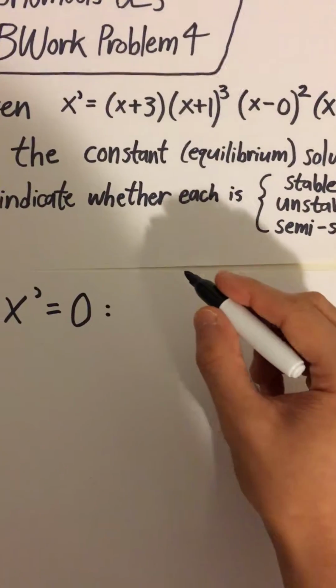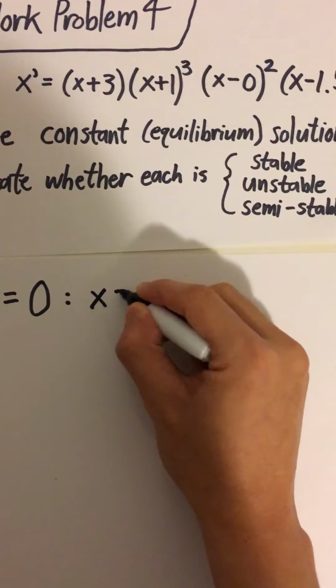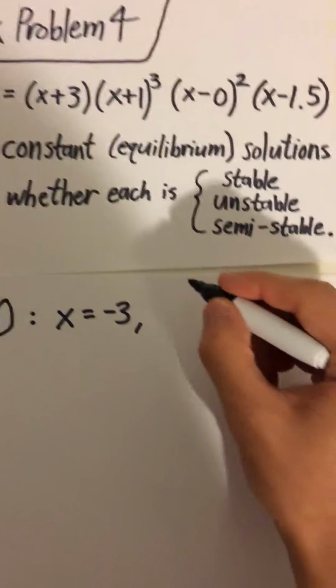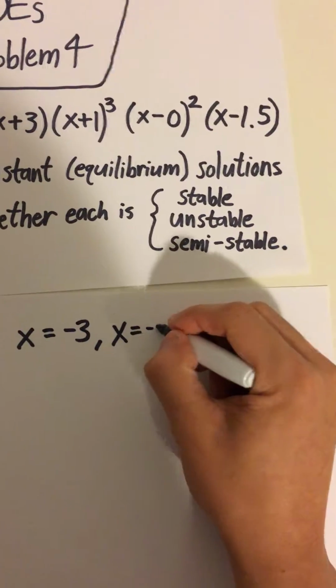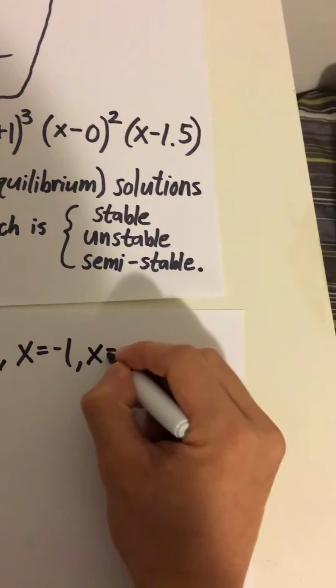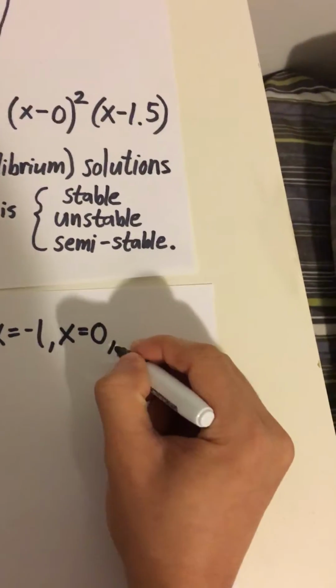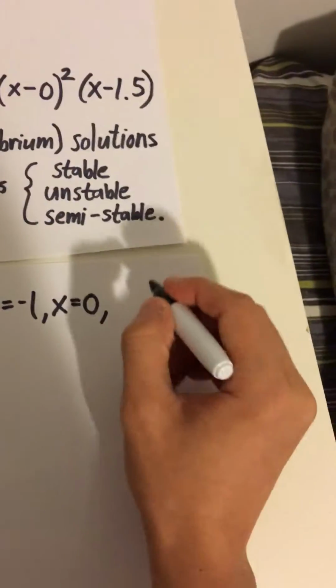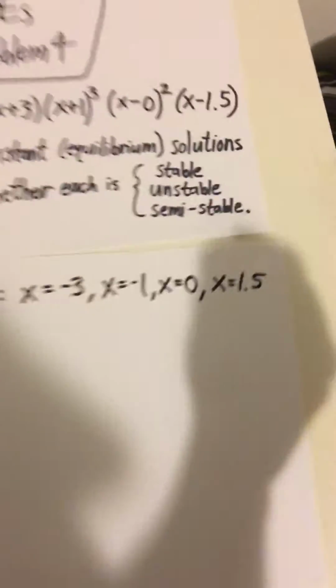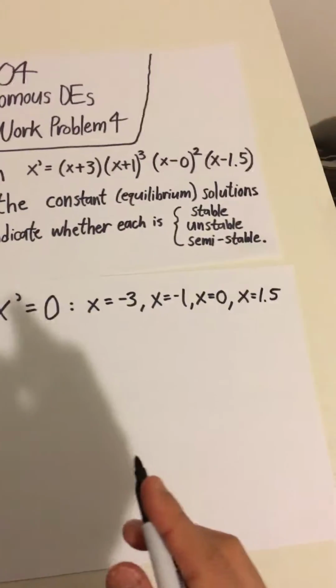So when x plus 3 is equal to 0, we get x equals negative 3. When x plus 1 is equal to 0, we get x equals negative 1. When x minus 0 is equal to 0, we get x equals 0. And when x minus 1.5 is equal to 0, we get x equals 1.5. So these four are our constant solutions.